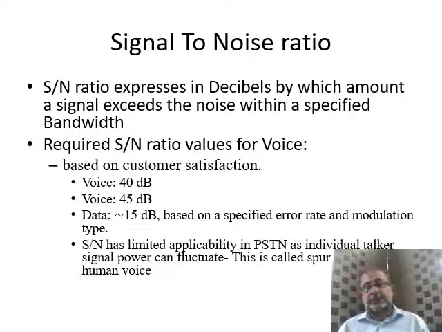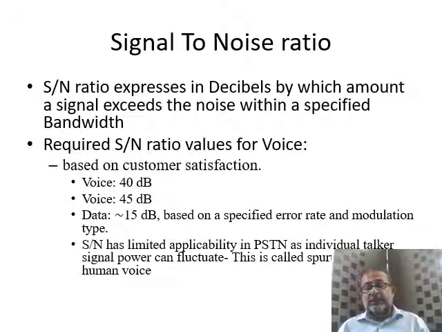Now, what is signal to noise ratio? It expresses in decibels the amount a signal exceeds the noise within a specified bandwidth. The required signal to noise ratio values of voice are based on the customer satisfaction. For example, the voice may be of 40 dBs or 45 dBs.